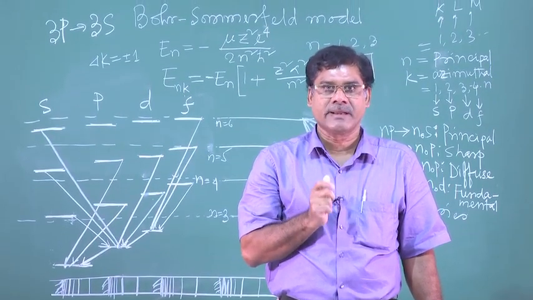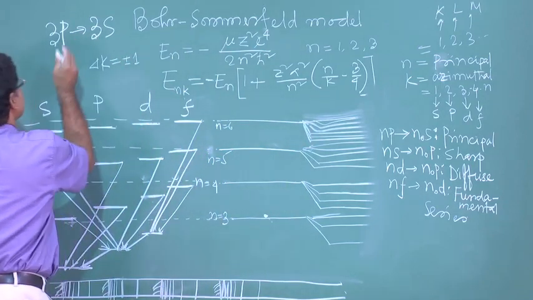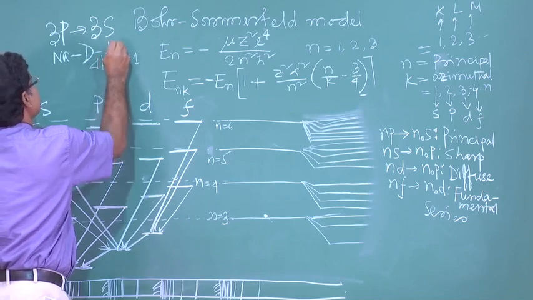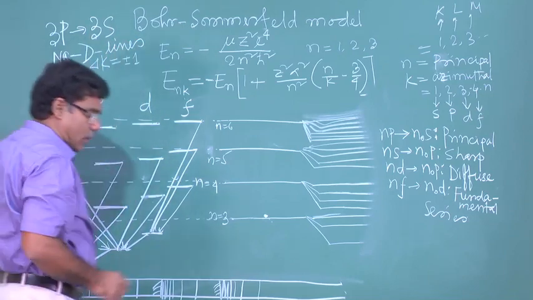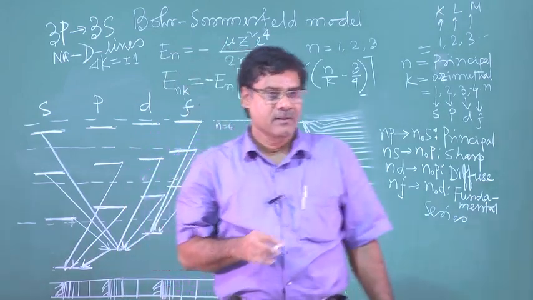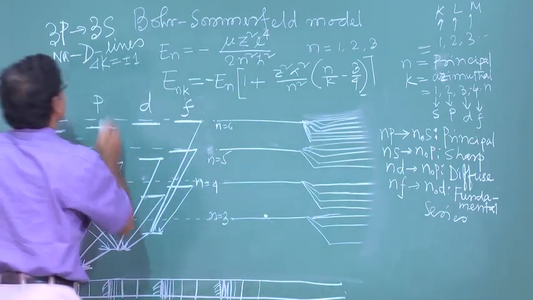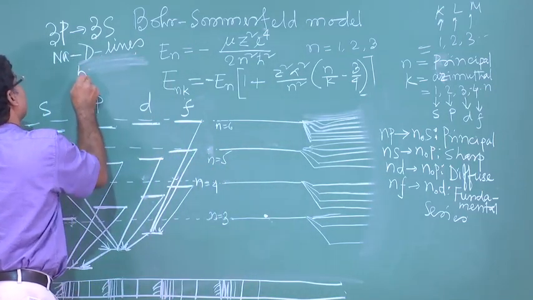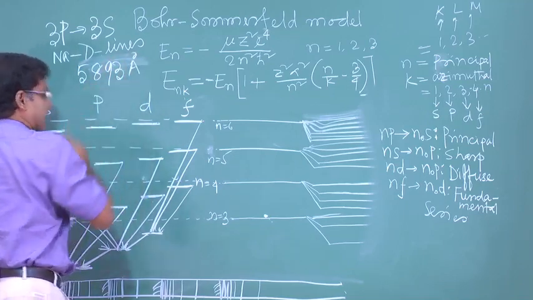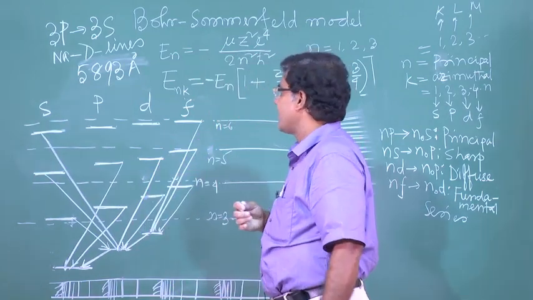It is called the sodium D line. Its wavelength is, I think, 5893 angstrom. Yes, most probably. Yellow light, 5893 angstrom.